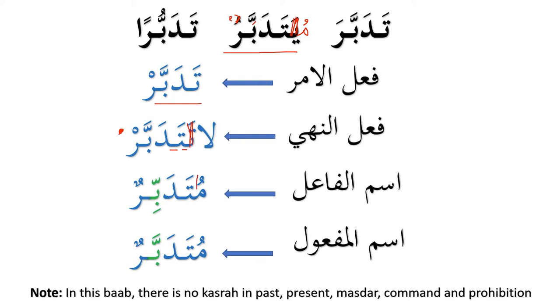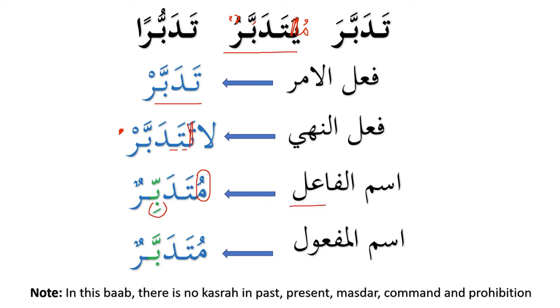So in all the derived forms, ismul fa'il and ismul maf'ul will be mu. All of them will have dhamma, mim and dhamma, mu, all of them. Like we have learned, like mufa'il, Muhammad, right? And similarly, muf'il, Muslim, and we have learned forms. So all of them have dhamma. So ismul fa'il always takes kasra.